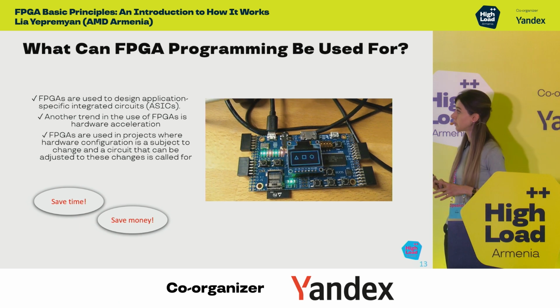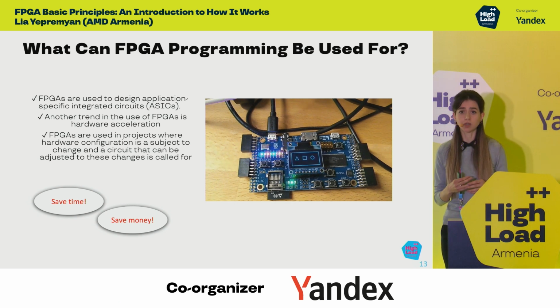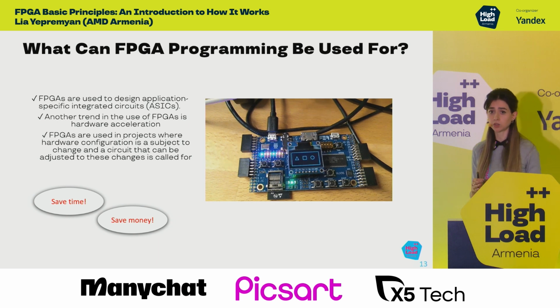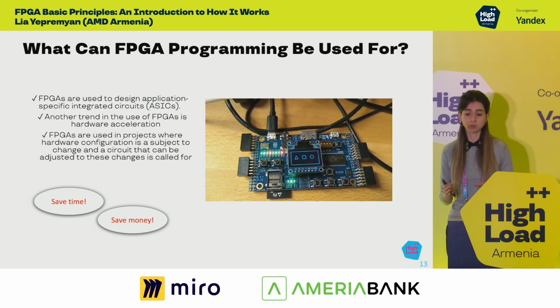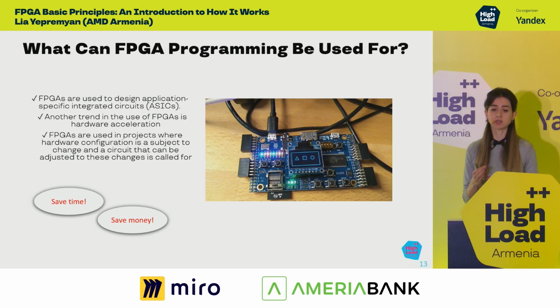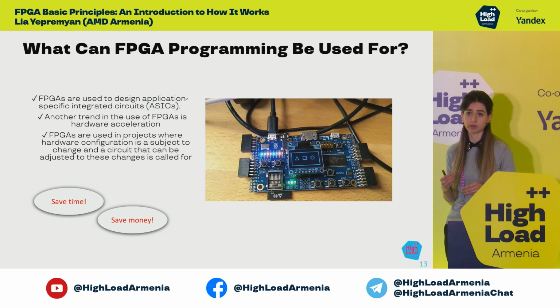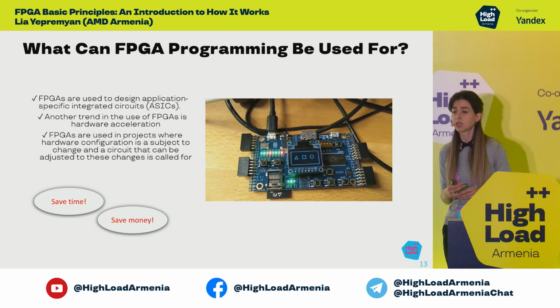FPGAs originally began as a competitor of CPLDs, complex programmable logic devices, to implement glue logic for printed boards. As their capacity increased and size and speed decreased, they took over advanced functions.